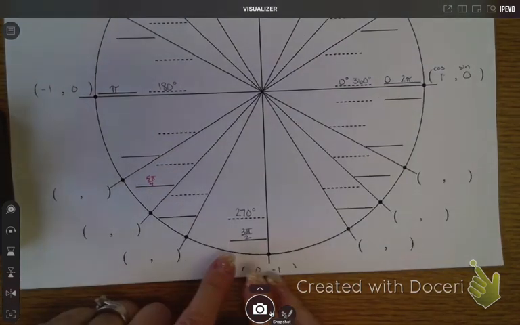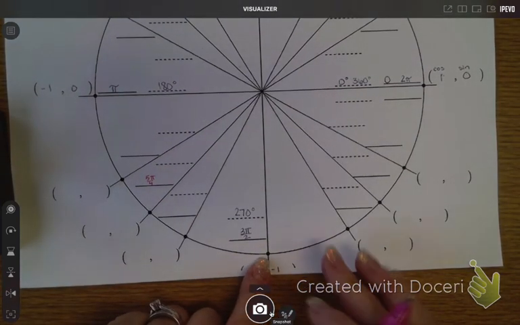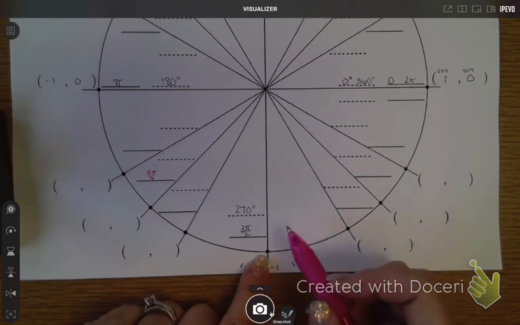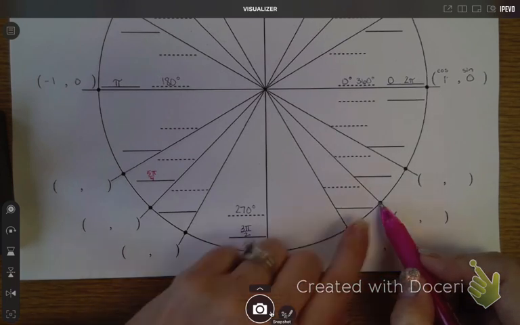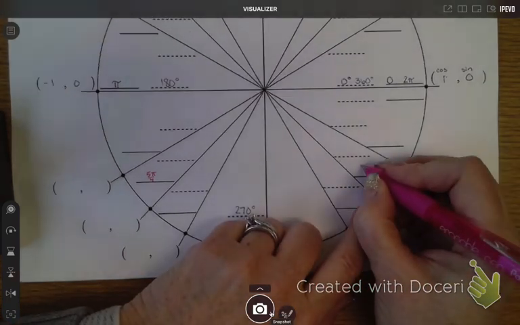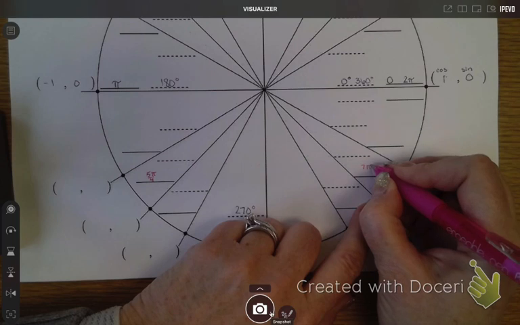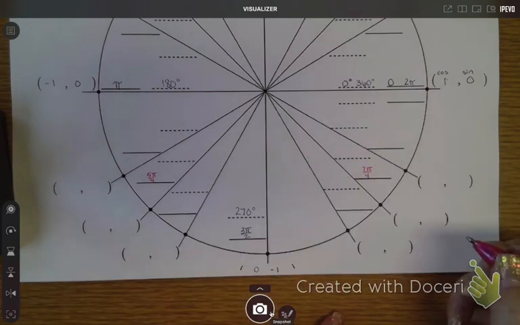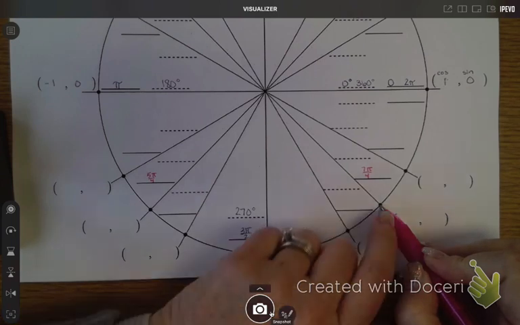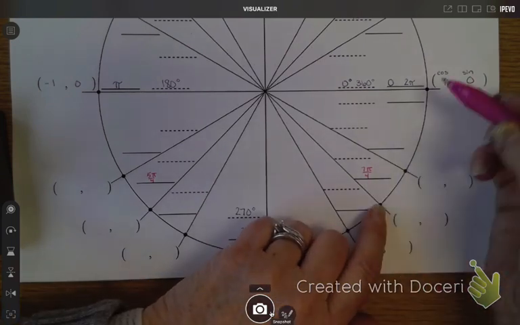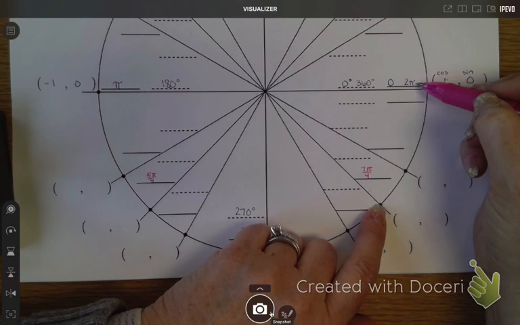And then another one would be 6 pi over 4, which would reduce to what? 3 pi over 2. And then I go another one, I would have what? 7 pi over 4. What's 6 plus 1? 7. And then another would be 8 pi over 4, which would give you what? 2 pi.